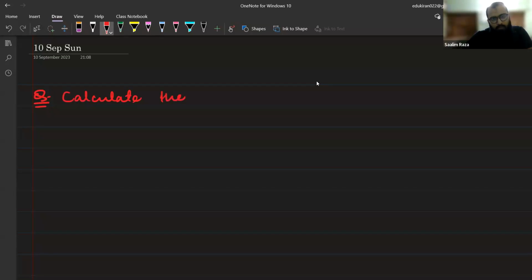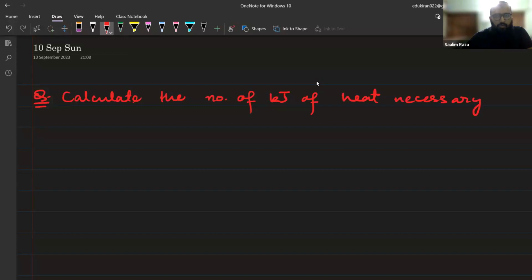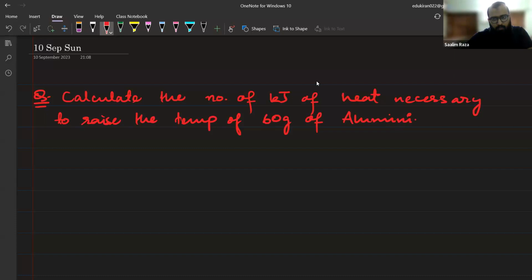Calculate the number of kilojoule of heat necessary to raise the temperature of 60 gram of aluminium from 35 degrees Celsius to 55 degrees Celsius.